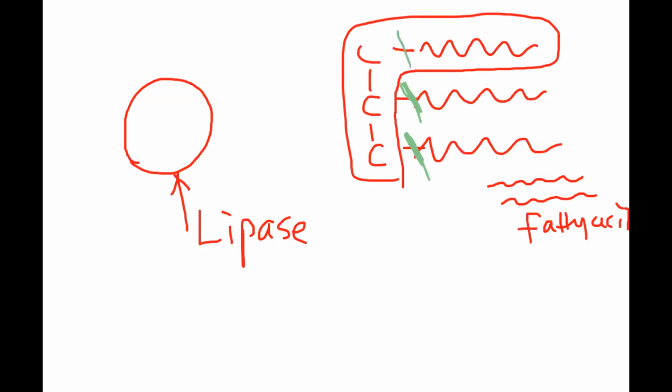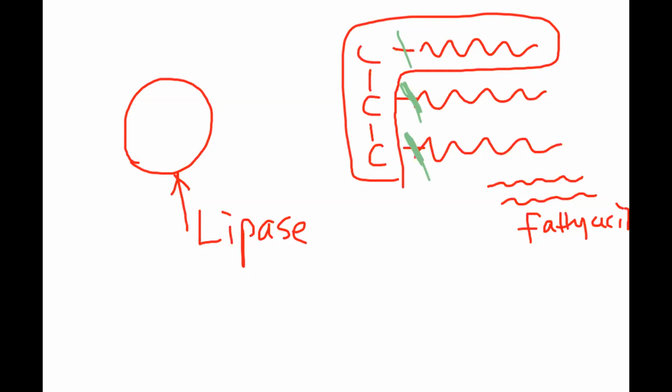If you further break this one down as well, so you only have glycerol, then these materials can be absorbed. But if it's in the triglyceride form, it cannot be absorbed. It's just too big.